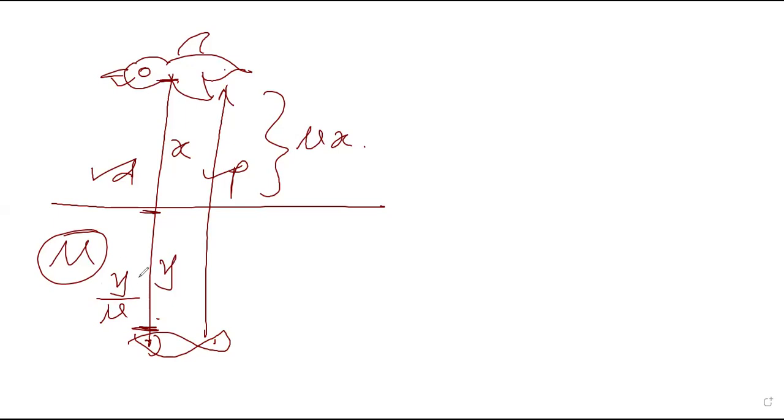So the two equations come out nicely as mu x plus y is equal to P, and x plus y upon mu is equal to q.